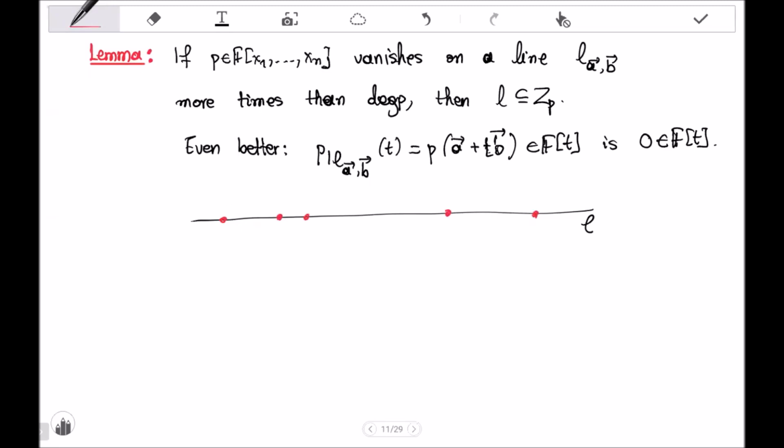These can be parameterized by elements T, so you can find all the different T's where this new polynomial vanishes.